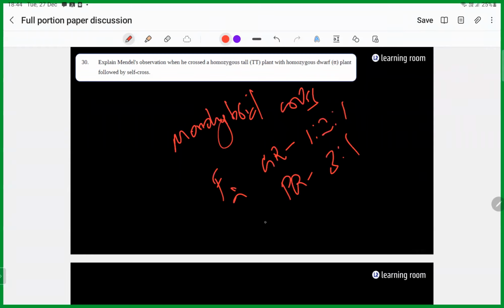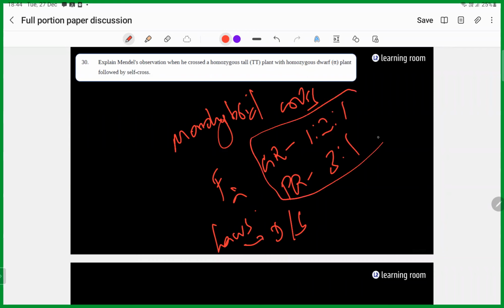Did anybody talk about the law of dominance or segregation? Not necessarily, you need not, but the ratios are more important. I didn't talk about the laws because it was only 3 marks.